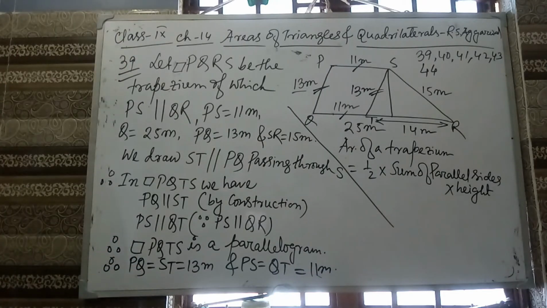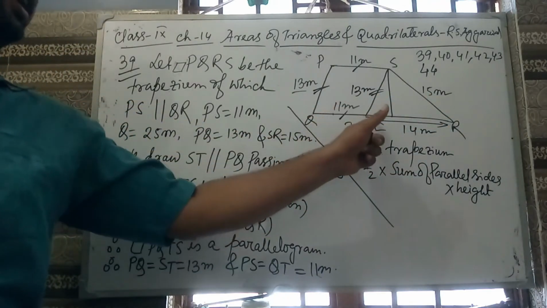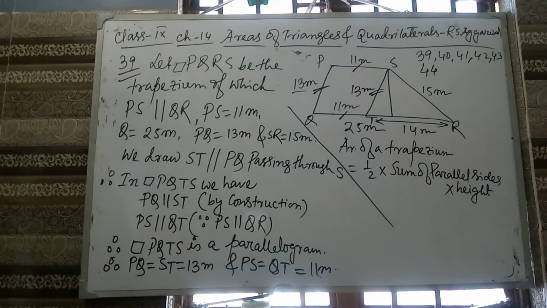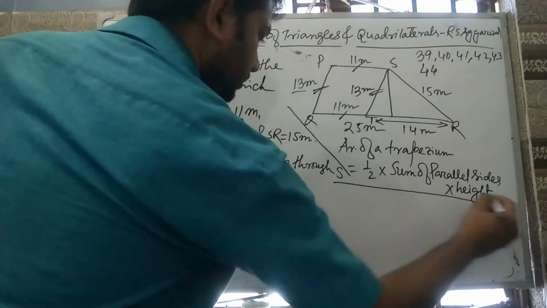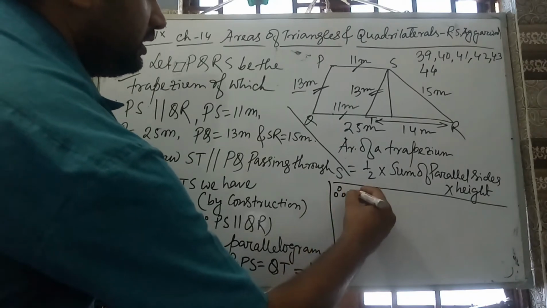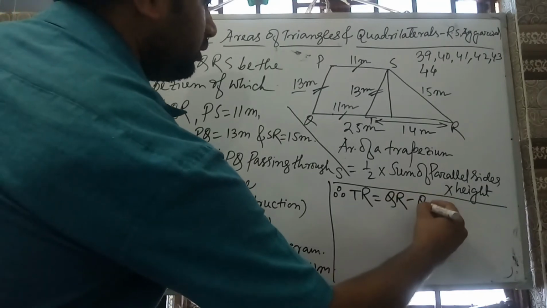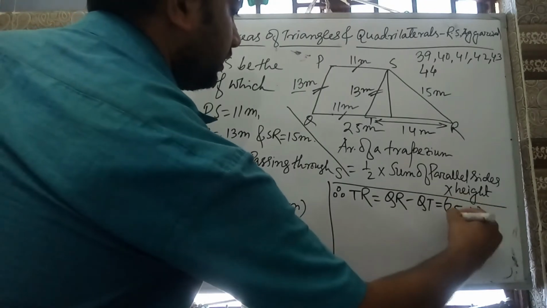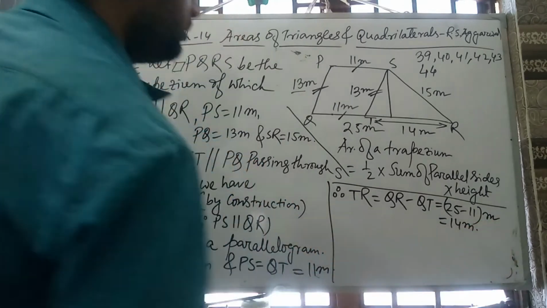Okay. Look, QR is 25, QT is 11. So TR will be 25 minus 11. So next step, I am writing here. Therefore, TR equal to QR minus QT equal to 25 minus 11 meter, that is 14 meter.